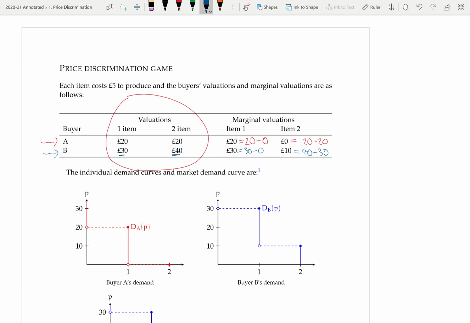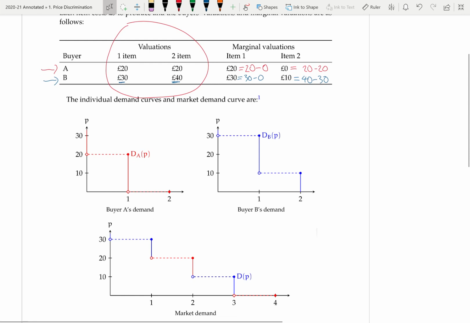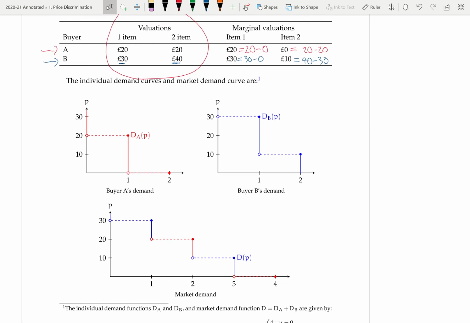So those are the individual demand curves. How then do we get the market demand curve? Well, we just add those two demand curves together horizontally. So if the price is more than 30, neither of the consumers is going to buy anything, so demand will be 0. If the price becomes lower than 30 but more than 20, then buyer B will buy one item, but buyer A will buy nothing.